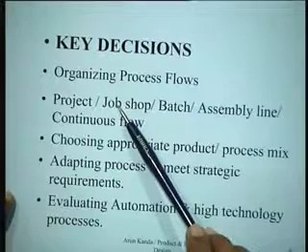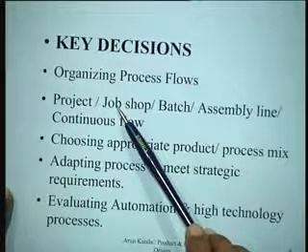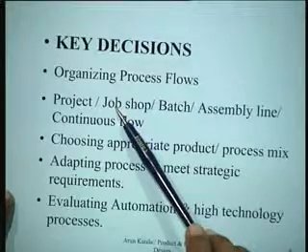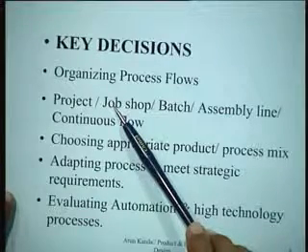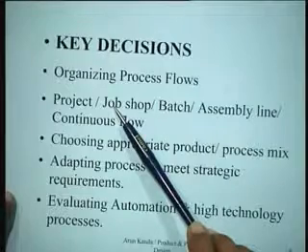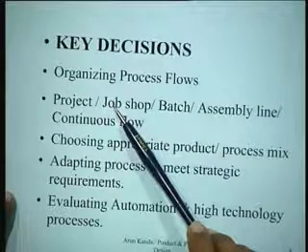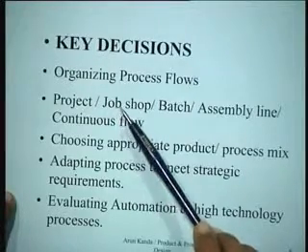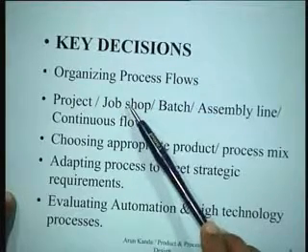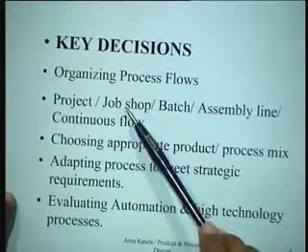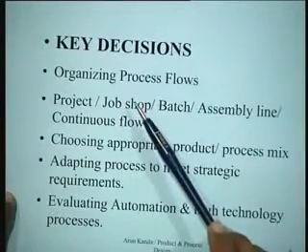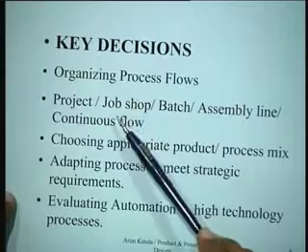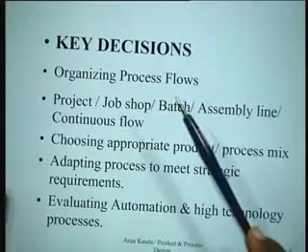If you take a job shop, what would happen in a job shop? A job shop again is something where you have a number of machines, and these machines are generally general purpose machines. I buy a lathe, I buy a milling machine, I buy a grinder, and I set up a job shop, and then I look for jobs to make whatever I can with these three machines, and I can make a variety of components, a variety of products.